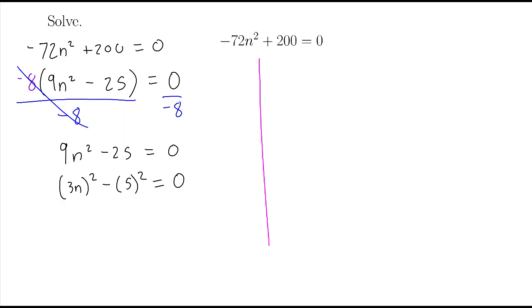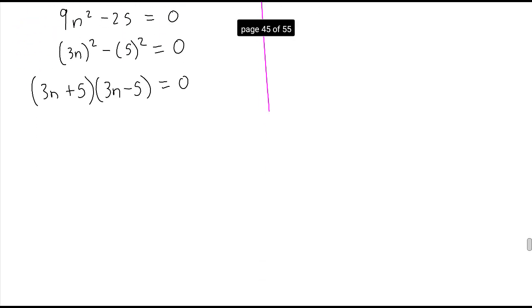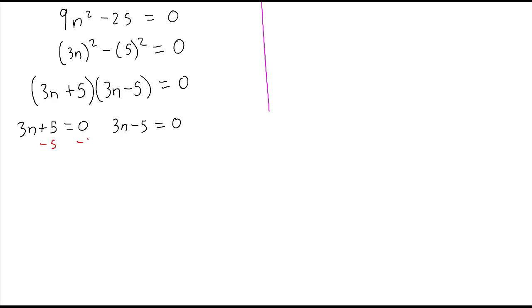Remember, difference of squares says if you can write it like this, then it will factor, without actually having to work it out, as 3n plus 5, 3n minus 5, right? You just put those values like that, with a plus and a minus. Okay, equals 0. Now I'll go ahead and use the zero product property, set both of these equal to 0. Subtract 5 from both sides. 3n equals negative 5.